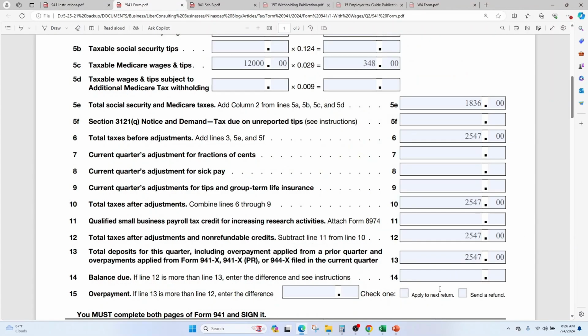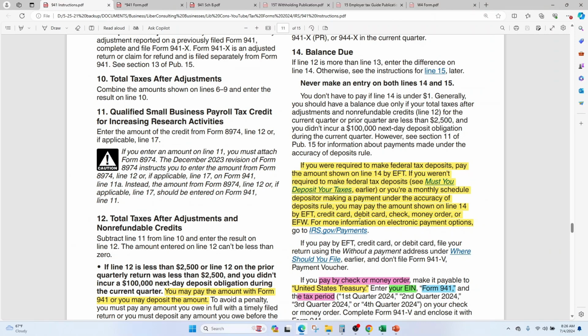That is the balance due. You can pay that amount by EFT, credit card, debit card, check, money order, or EFW. Check and money order will go with the voucher. EFT is online payment.